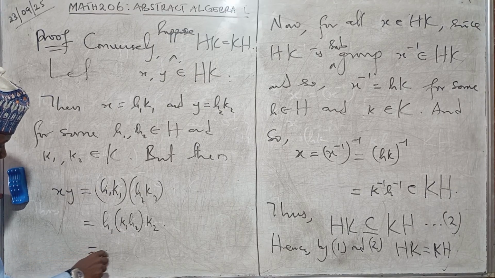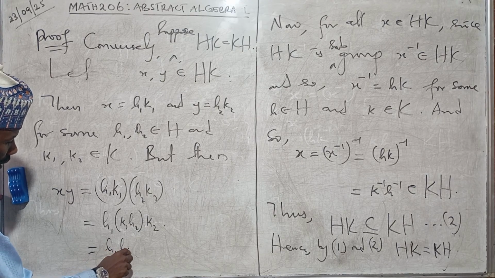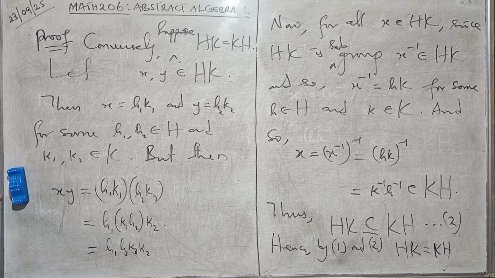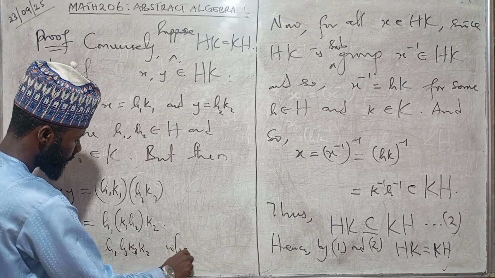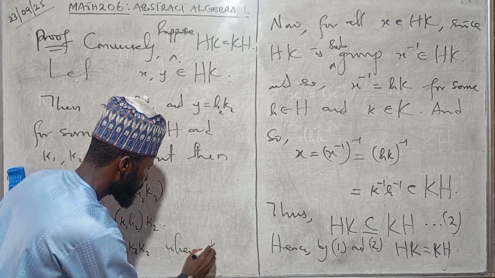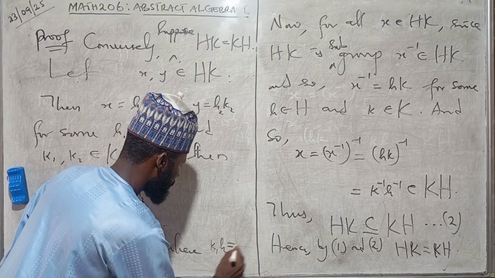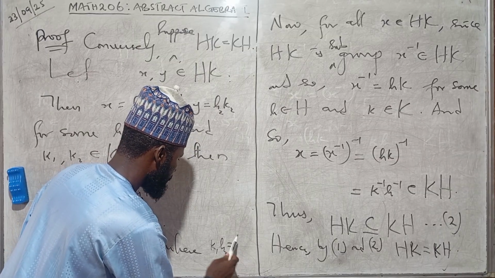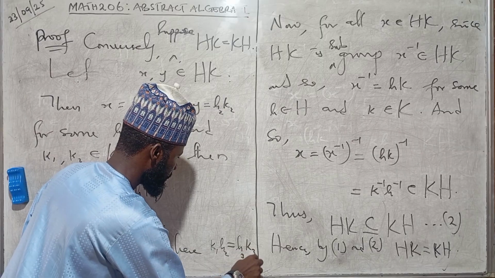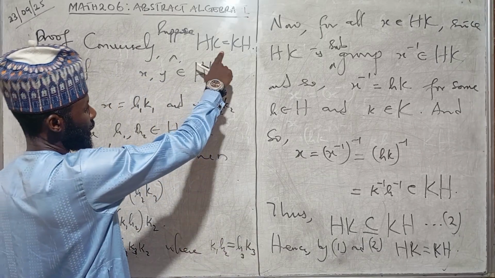Now, this can be written as h1, h3, k3, k2, where I took k1 and h2 to be equal to h3, k3, since this is an element in HK.